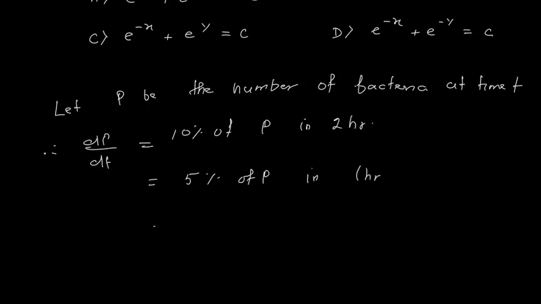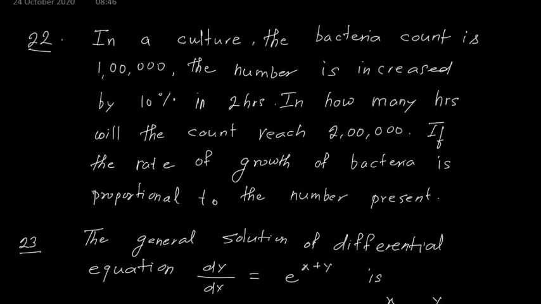So I will say 5 upon 100 into P is dP upon dt. We need to find out in how many hours the count will reach 2 lakh.